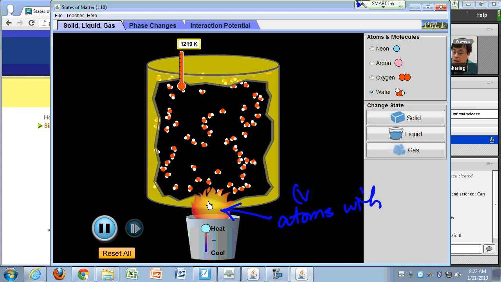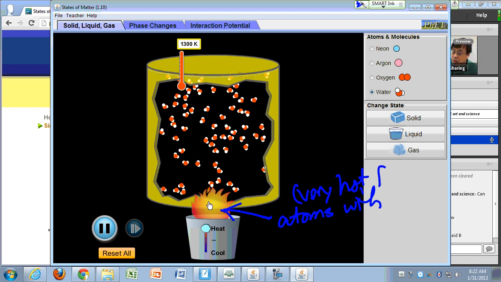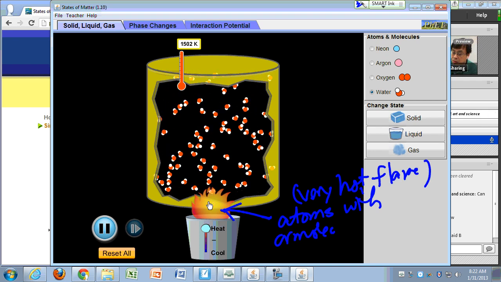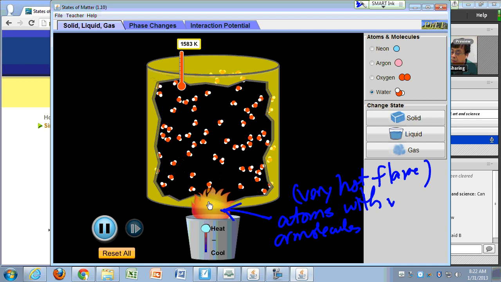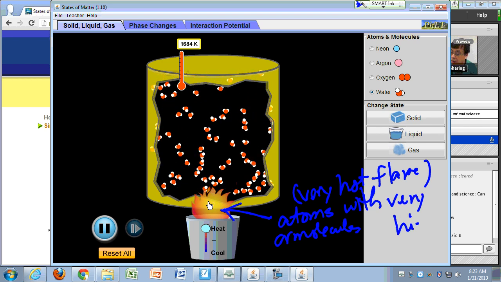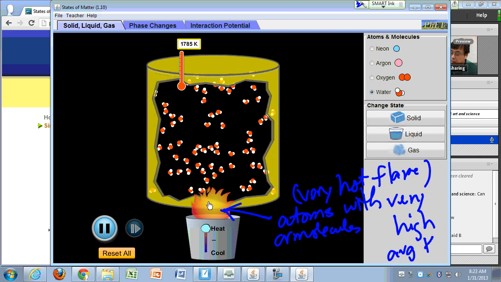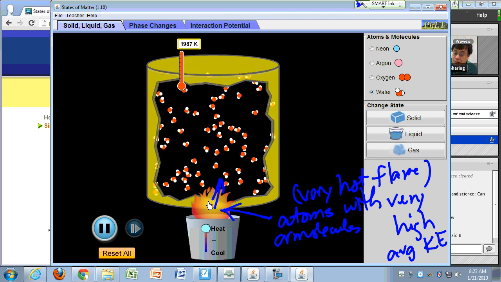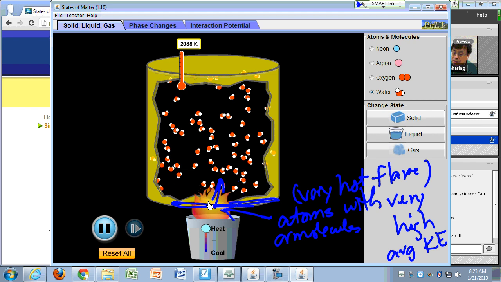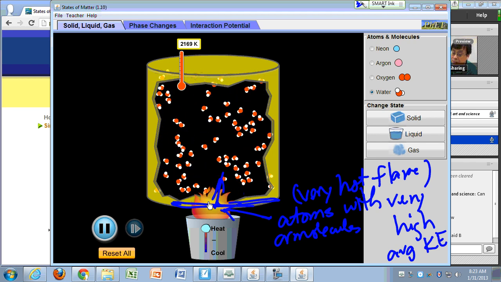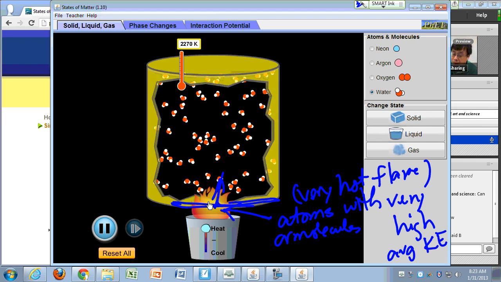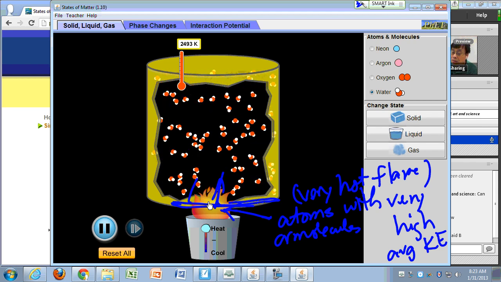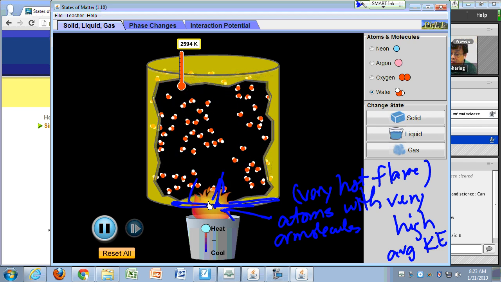This is a very hot flame, right? That's just atoms or molecules with very high average kinetic energy. So the collisions between the atoms here and the atoms in the container eventually get transmitted to become collisions with the water molecules inside, and so your water molecules gain kinetic energy as a result of collisions.